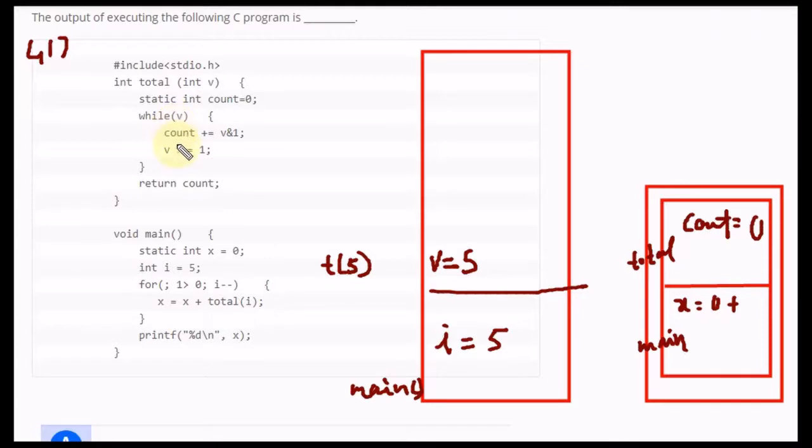So what is happening here? We change the value of count: count plus equals v bitwise AND 1. The binary value of 5 is 101, and ANDing with 1 gives 1, so count will be increased by 1.